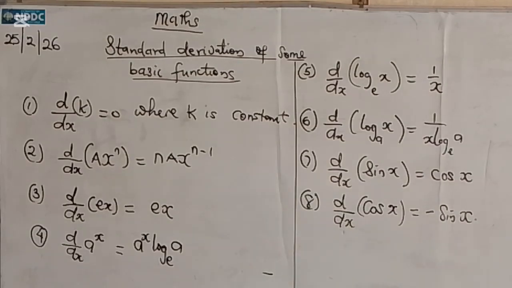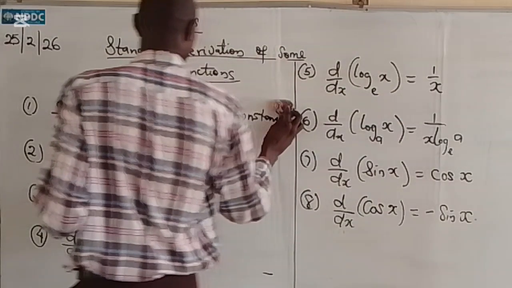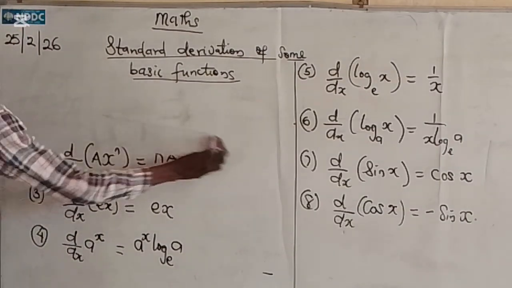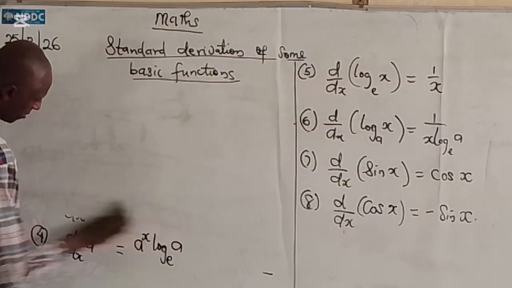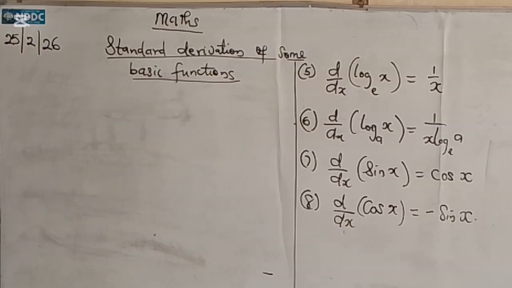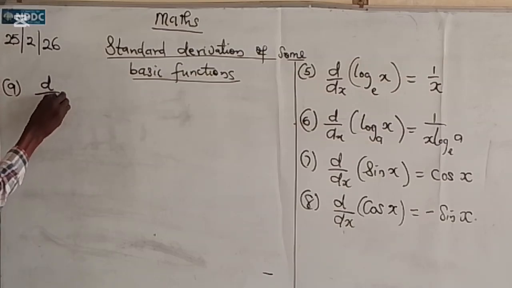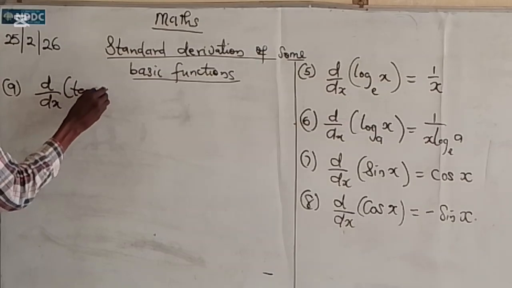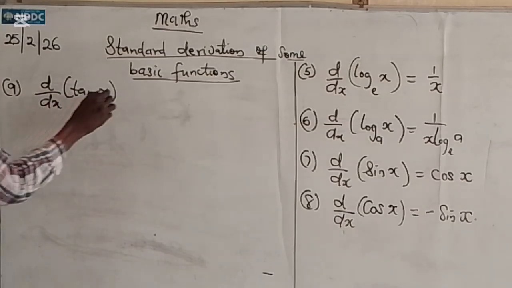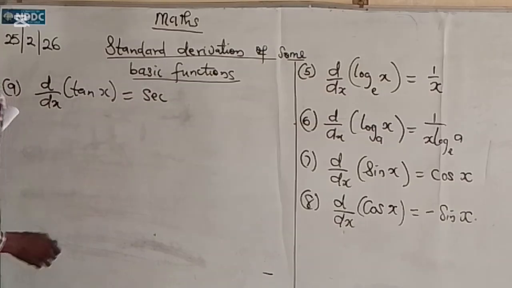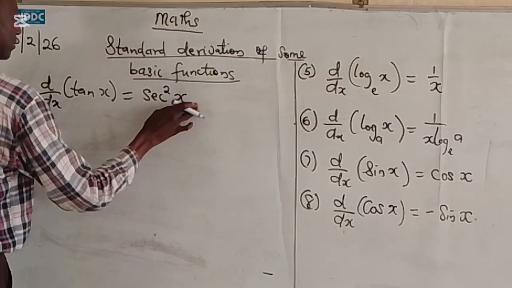Let's do the other one. We are in number 9, right? Number 9 says, when you are differentiating tan x, it is equal to sec square x.